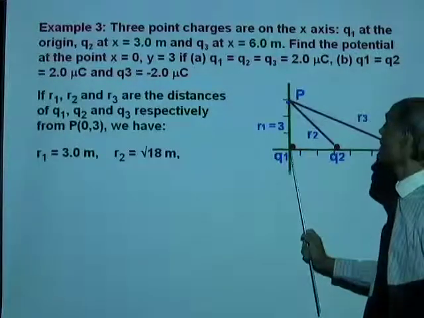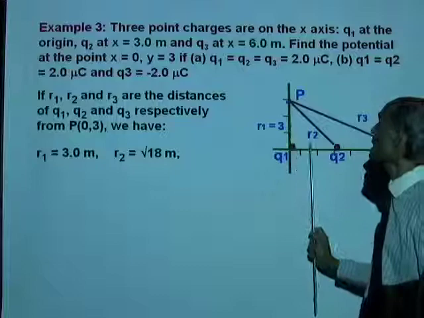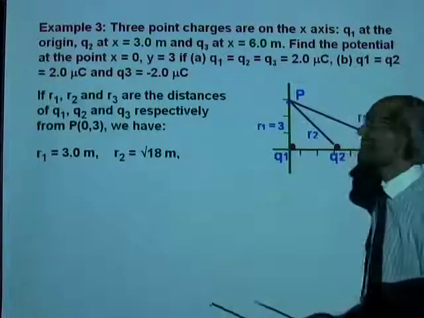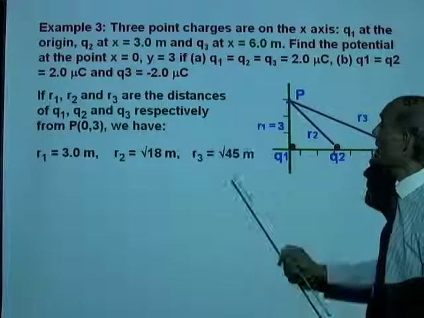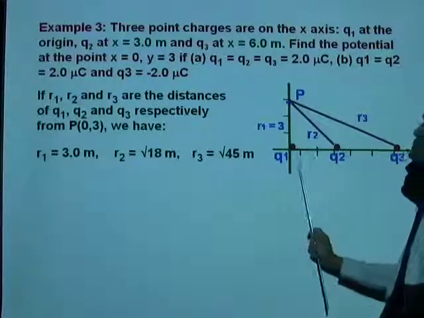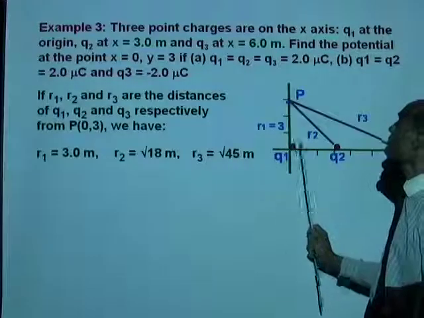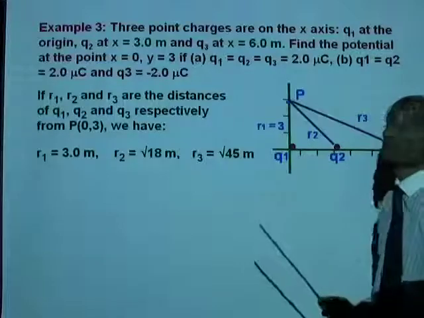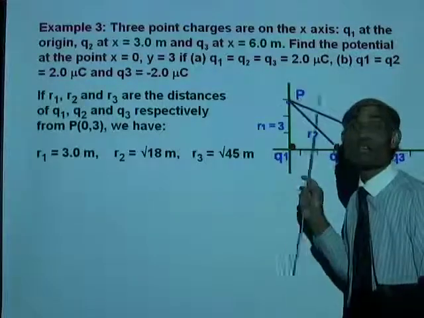You see, 3 squared is 9 plus 3 squared. Square root of 9 plus 9 is square root of 18 meter. And R3 is square root of 6 squared is 36, 36 plus 3 squared is 45. So we now know the distances. We can find the potential at P.